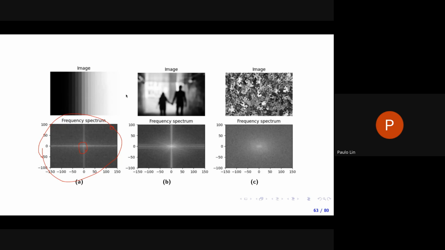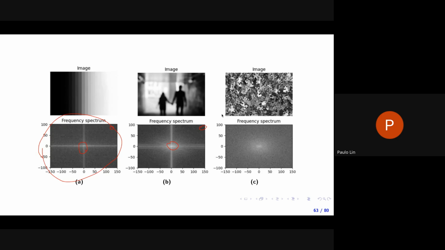If we take a look at the example in the middle, we can see an image with evident blur. Most of the components are concentrated at the origin, and there are only some low magnitude high frequency components. For instance, in this part, the magnitude is very low compared to the origin.